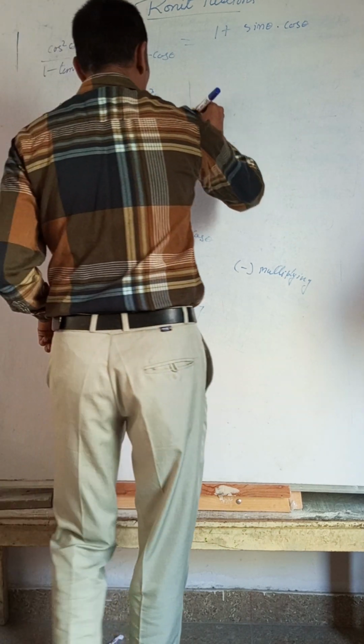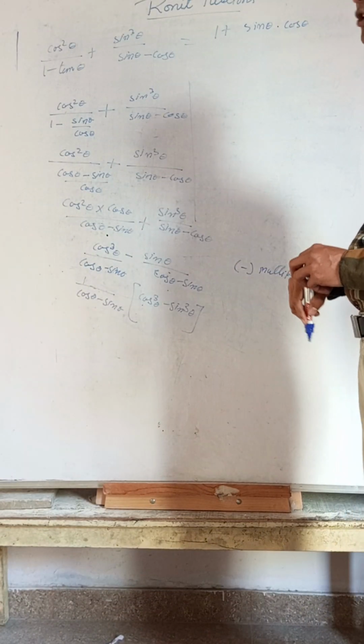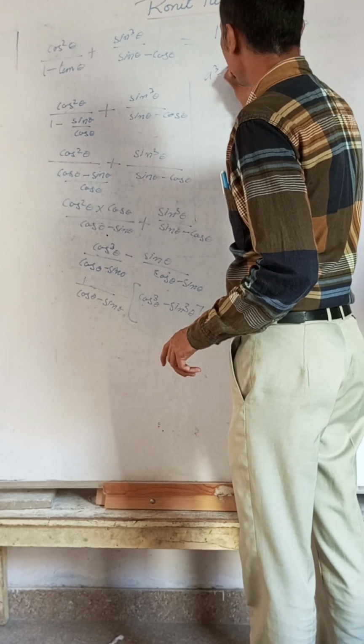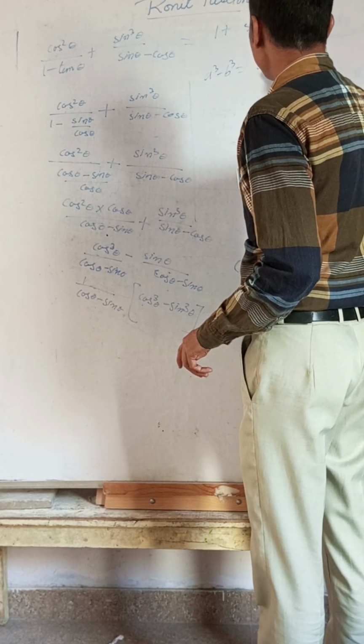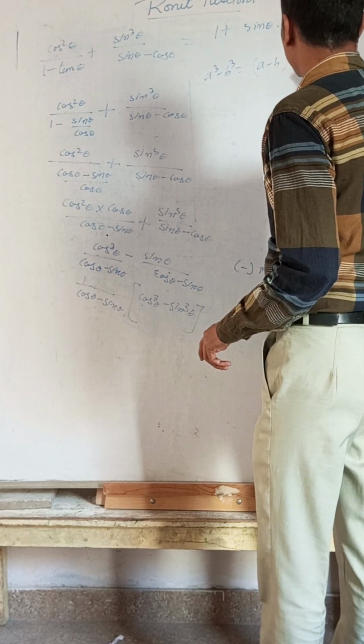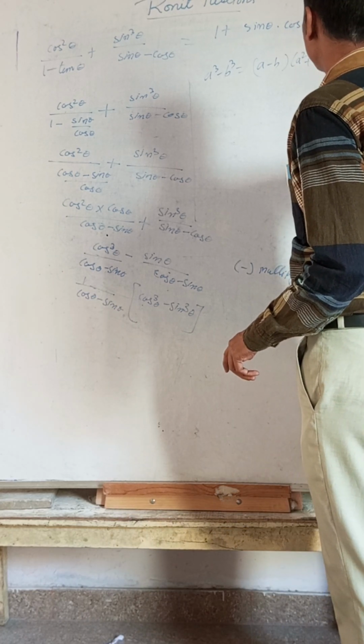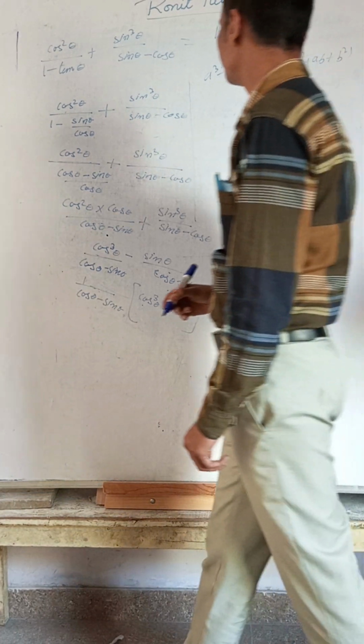Now we know that a cube minus b cube is equal to a minus b into a square plus ab plus b square. This we can write.